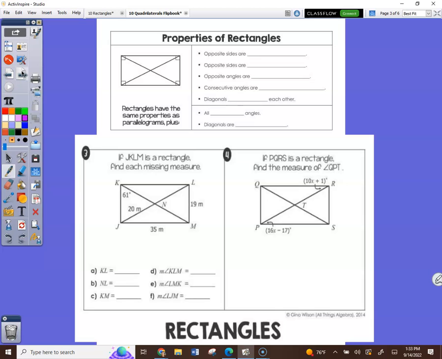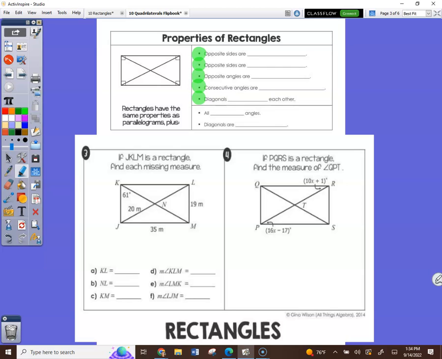Tell me what you notice about the first 5 properties. Would you please say that louder and prouder? It's the exact same, which is exactly why I said if you can't do parallelograms, or if you didn't get it, now's your chance to get it, because today's the same thing.